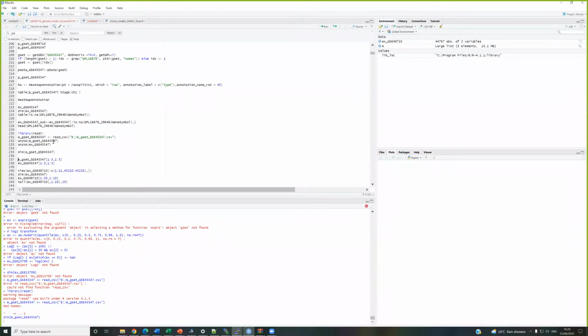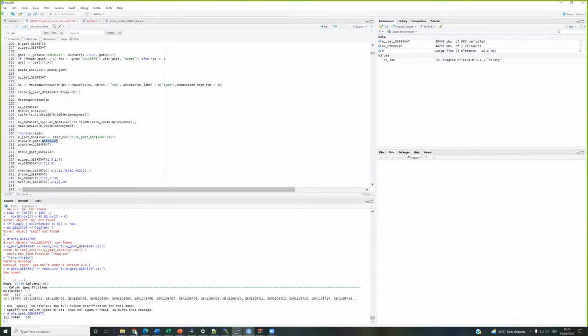Or let's open this one. This is what I opened before. See, there are 650. See, these are rows. Okay. Let me just display some part of it.